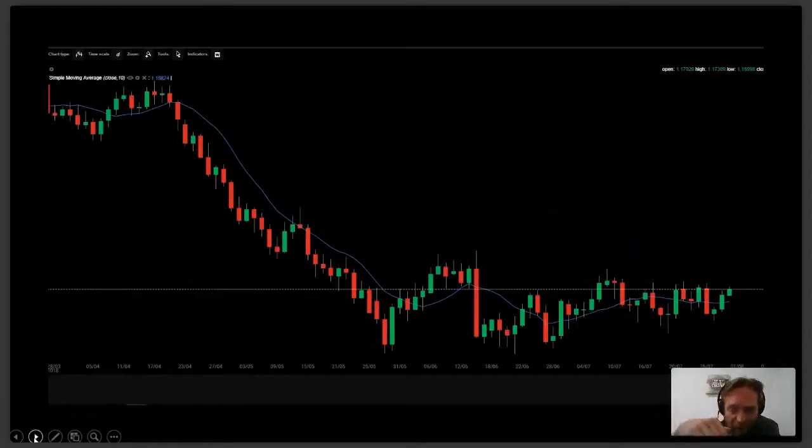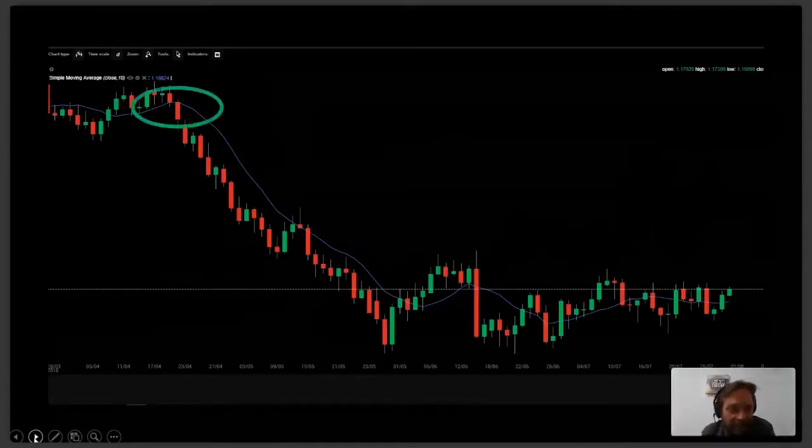So below, downtrend; above, uptrend. That is the theory. Now, if it's below the moving average, the theory is that the SMA will act as a potential resistance. And if it's above the SMA, that will act as a support.